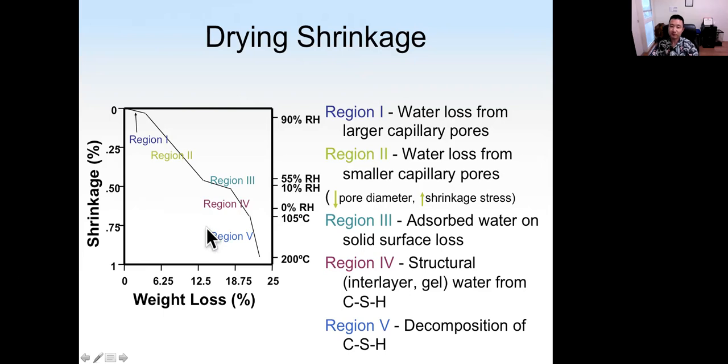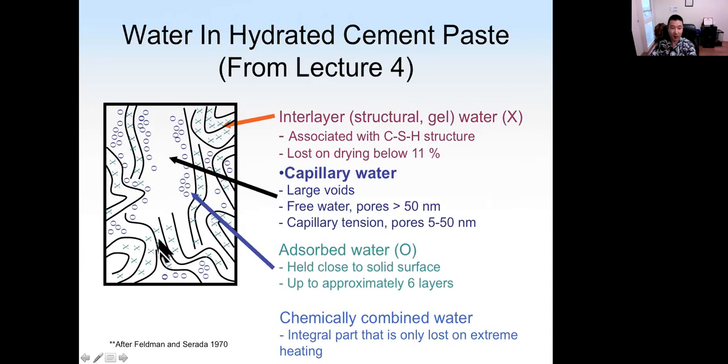Okay. Region 3 is between 10% to 55% RH. So that is loss of adsorbed water on the solid surface, which is here. Okay, adsorbed water, which is the blue circle on the surface of the solid concrete.